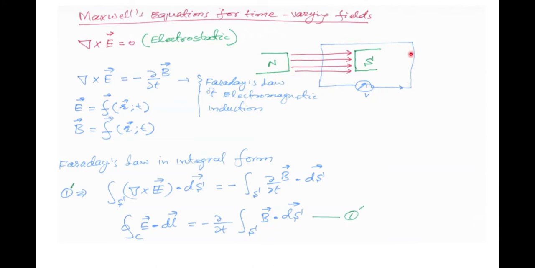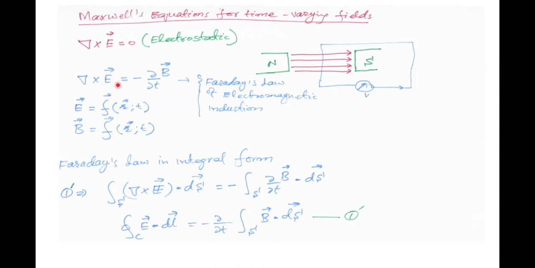So by keeping any closed loop, a circuit, in a time varying field, we induce EMF around the wire. In this way, the electrostatic relation del cross E equal to 0 is modified by this auxiliary source, partial by partial t of B, and there is a negative sign. This is because of Lenz's law.